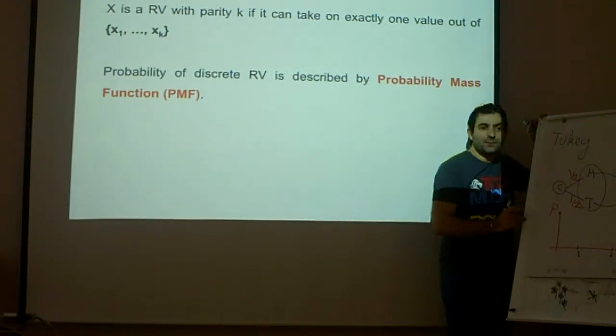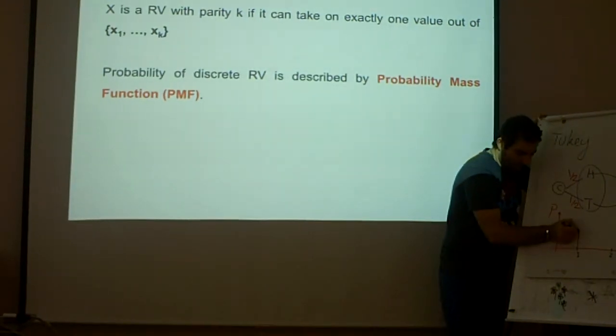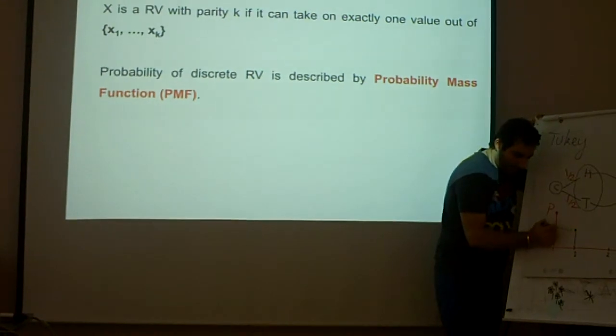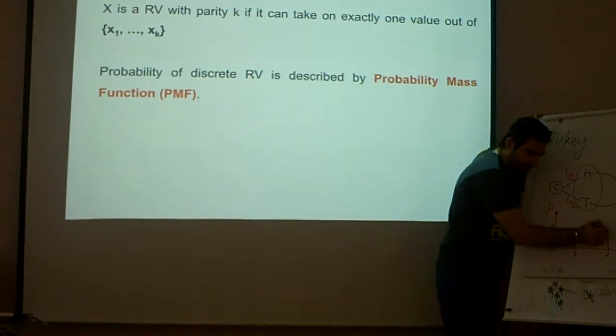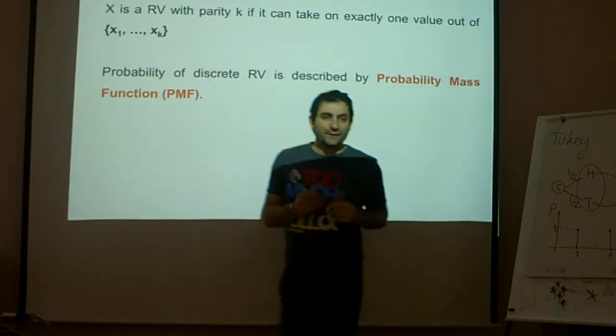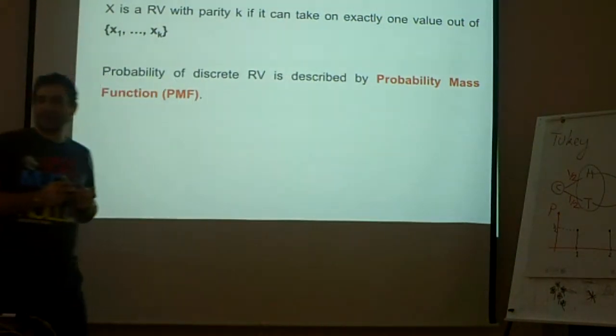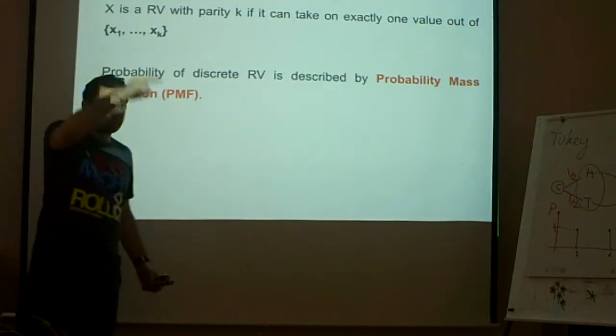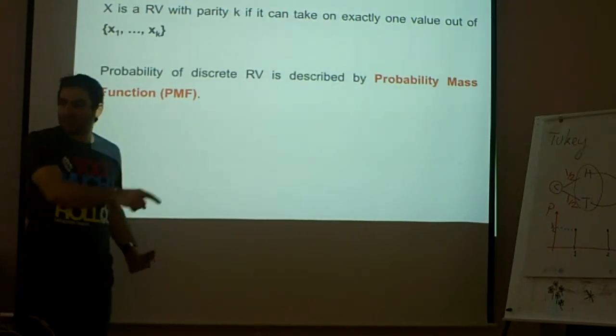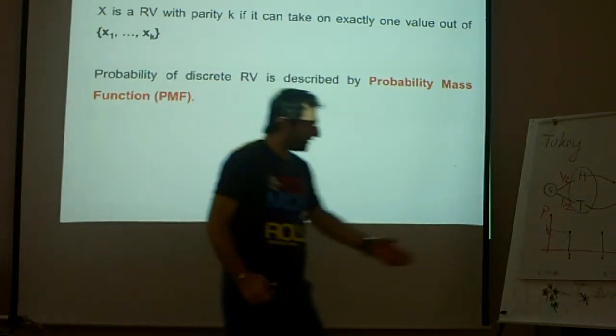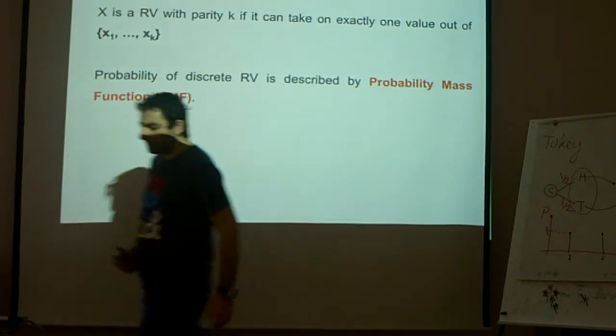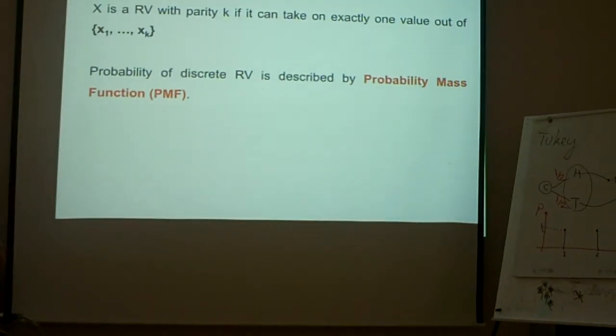And what are the probability values? Half. Now, it's easy to see from the graph that these are discrete, because we know that in a continuous graph they have to be connected. Now when we have these bars, it means that this is discrete. This is what is called the probability mass function.